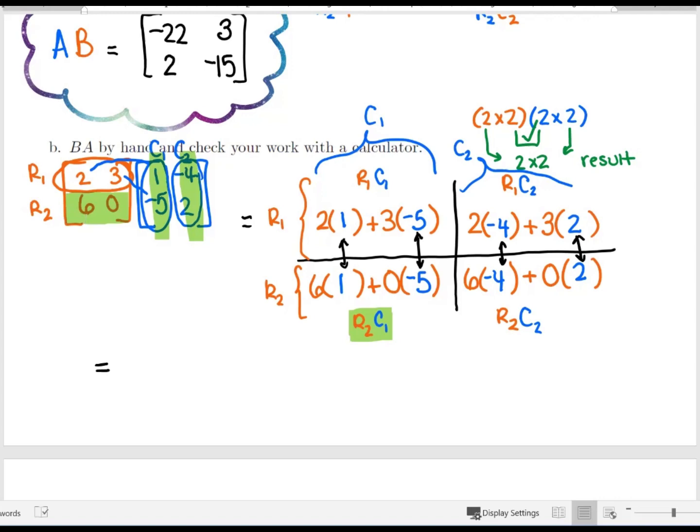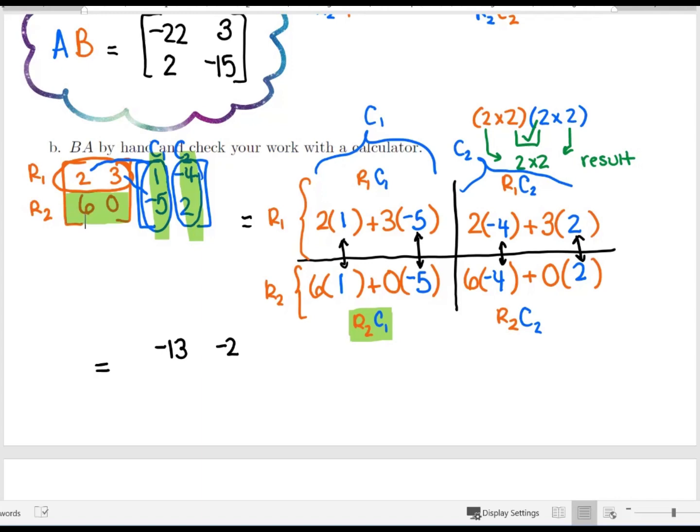In the top left corner, row 1, column 1, where we have 2 times 1 plus 3 times -5, we should get -13. Going across the top row, row 1, column 2, we have 2 times -4 plus 3 times 2. You should get -2.